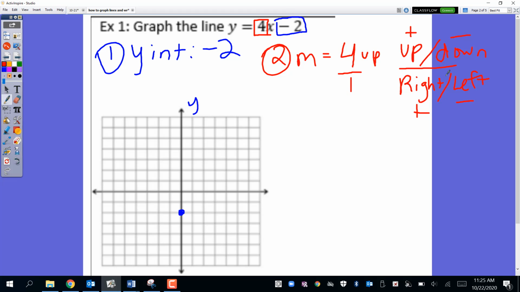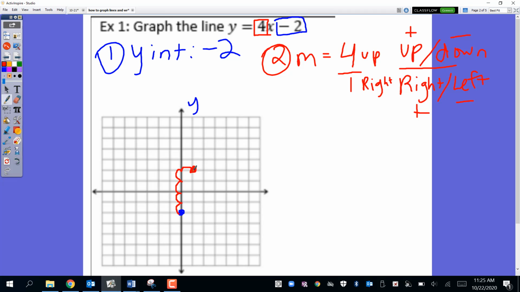My number on the bottom is positive, so then I'm going to move to the right 1. So where do I start counting from? I start counting from the y-intercept. So from down here, I count up 1, 2, 3, 4, and then to the right 1, and that is the next point on the graph.